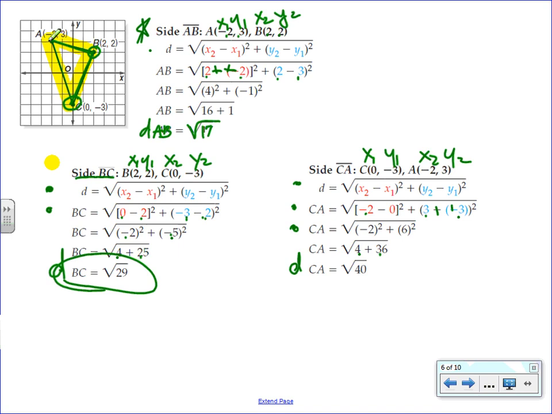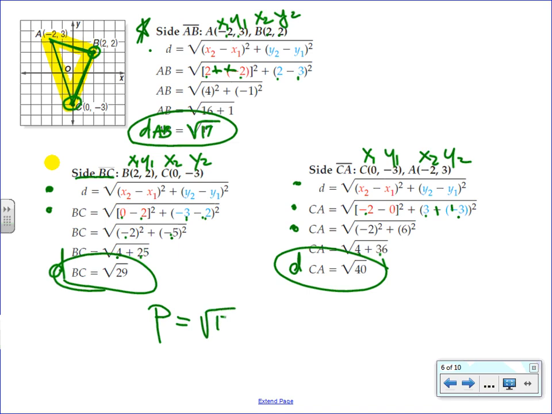Okay? So we have all three of our distances that we needed. So the perimeter would be the square root of 17 plus the square root of 29 plus the square root of 40. Did they ask us to round to the nearest tenth?